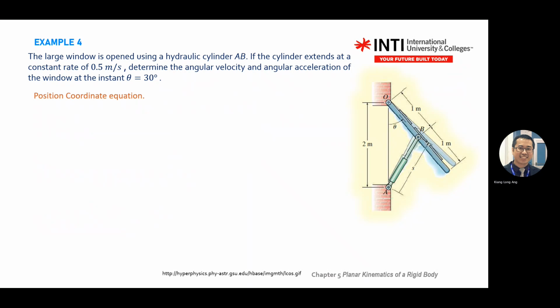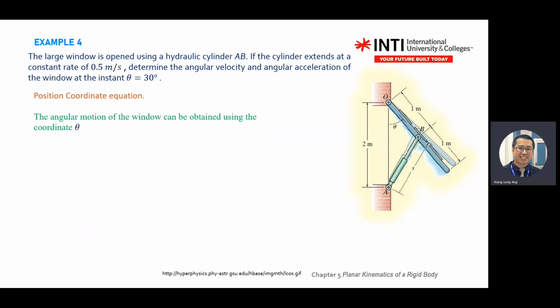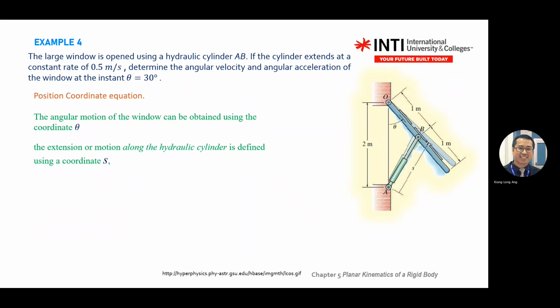You start with the position coordinate equation. For angular, rigid body, our position always uses theta. Extension, you know that is S, this one. Given is 0.5 meter per second. So this is what? This is V, velocity in this direction.